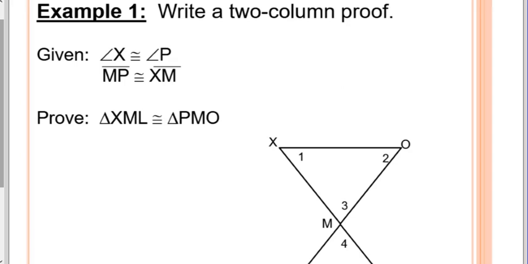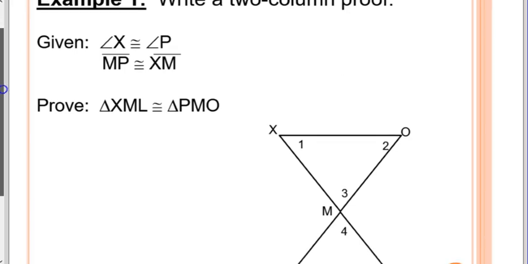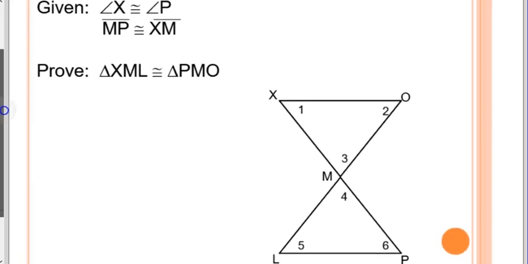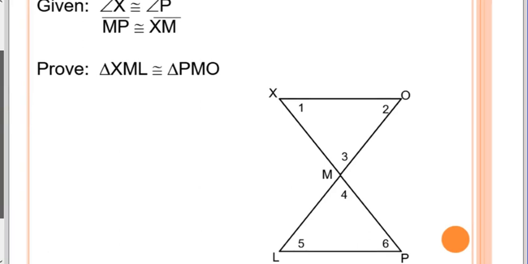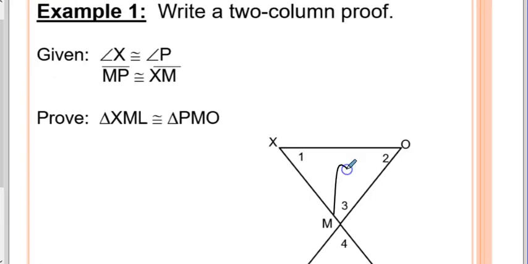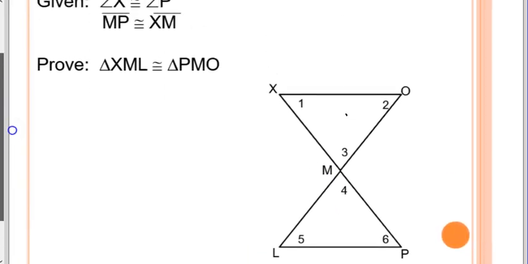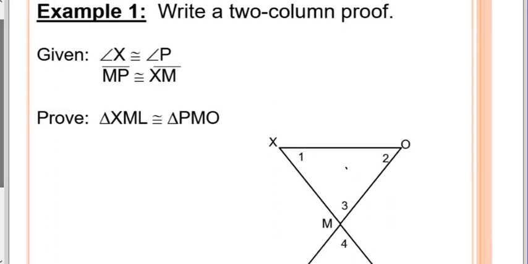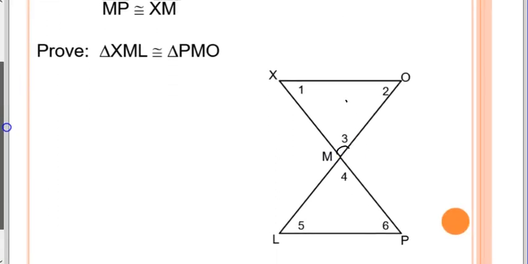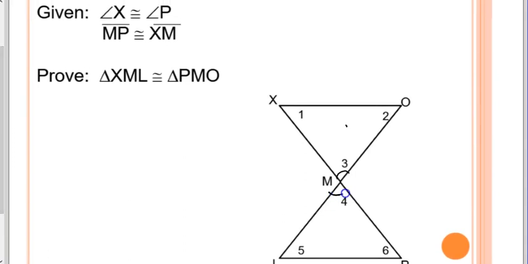Here's an example right here, example 1. So we looked at our drawing. We have nothing marked, but we know we can go ahead and mark angles 3 and 4 congruent, that and that.